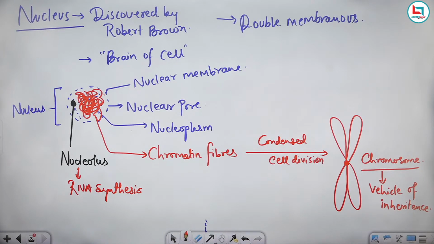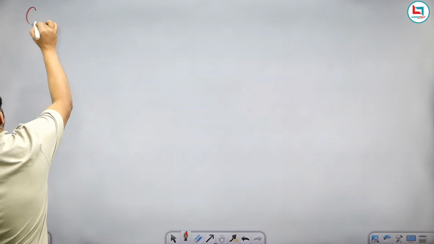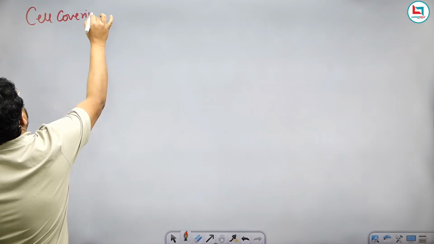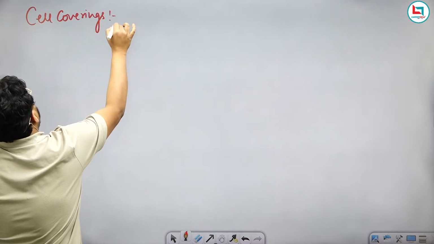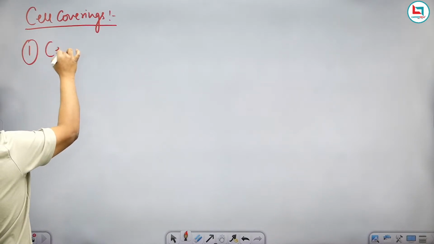So these are the different cell organelles. Now let's talk about the cell coverings. So first of all, there are two cell coverings.